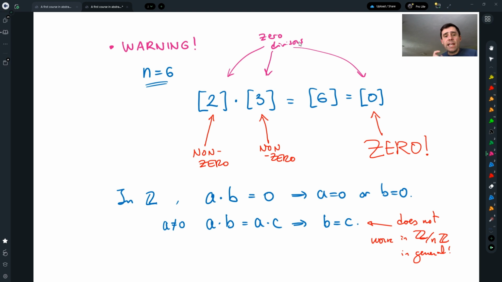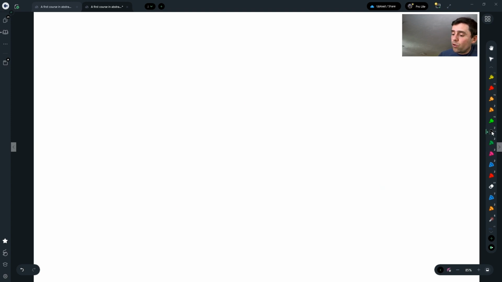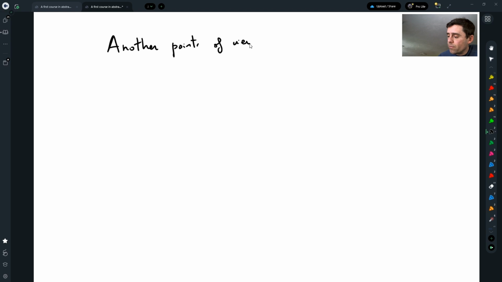Okay. Let me finish by doing one more construction of Z modulo nZ from a more formal point of view. So now another point of view of Z modulo nZ is the following. We start with the integers, and then we're going to define a relation on the integers.